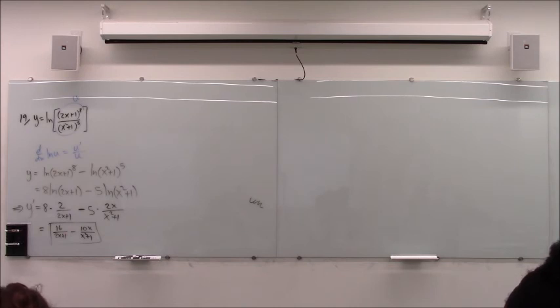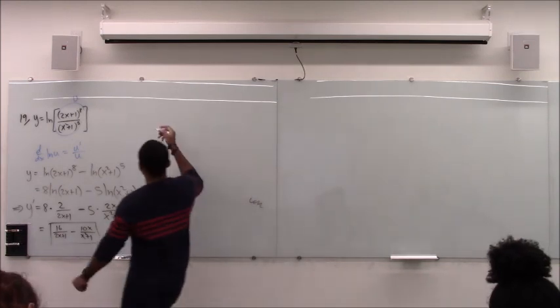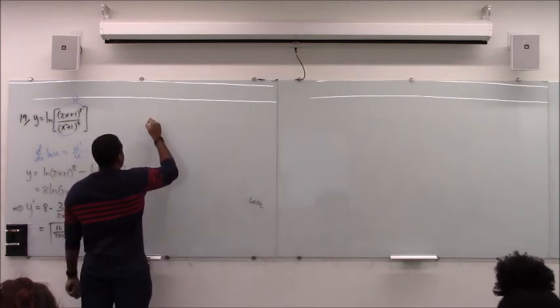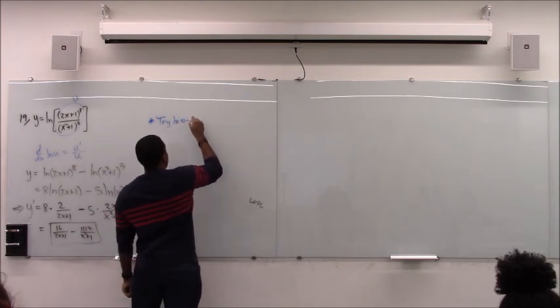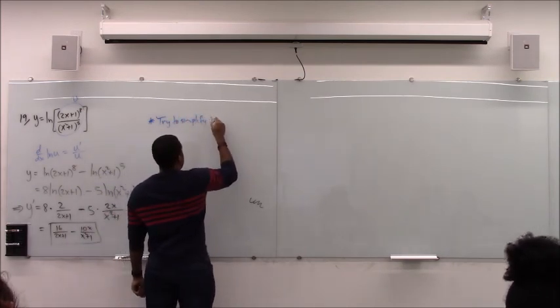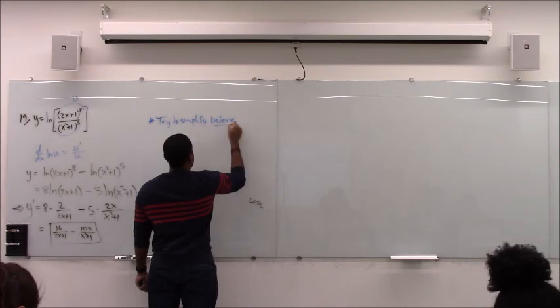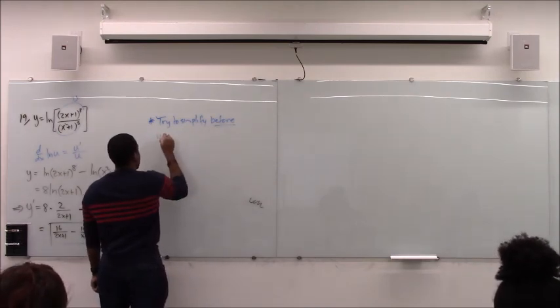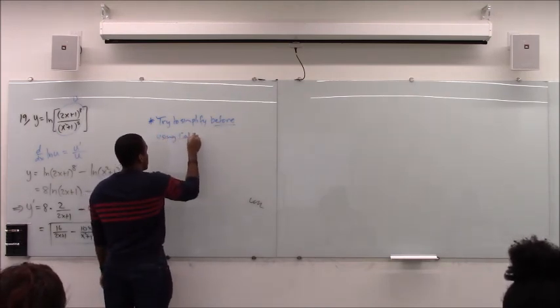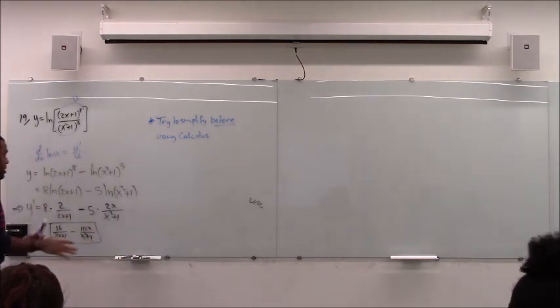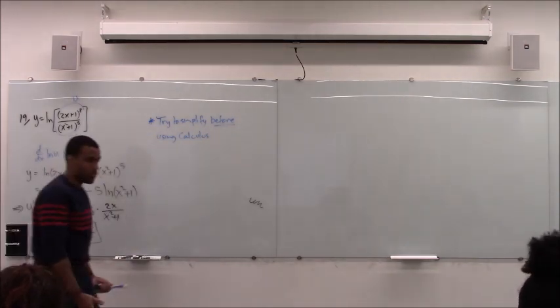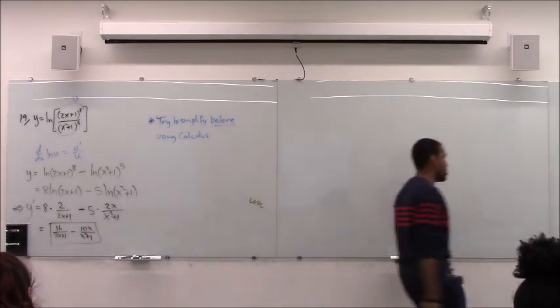So this goes to show one of the things that I mentioned last time. Try to simplify before taking derivatives. You want to apply the simplest rules you can get away with before you have to escalate it to more complicated rules.